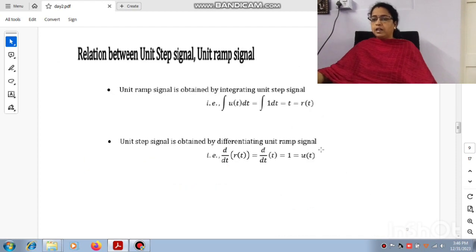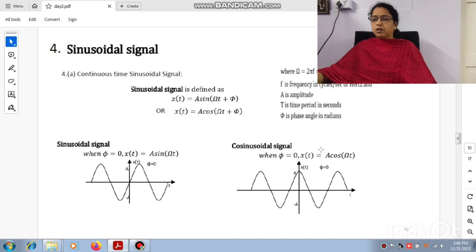Okay, and then coming to the sinusoidal signal, the fourth variety. So here we know that the sinusoidal signal, this is the representation technique. We can write x of t as A sine or cos of omega t plus phi, where omega is nothing but 2 pi f. Also omega can be represented by 2 pi by T because f is 1 by T, and f is nothing but the frequency, A is the amplitude, and phi is nothing but the phase here.